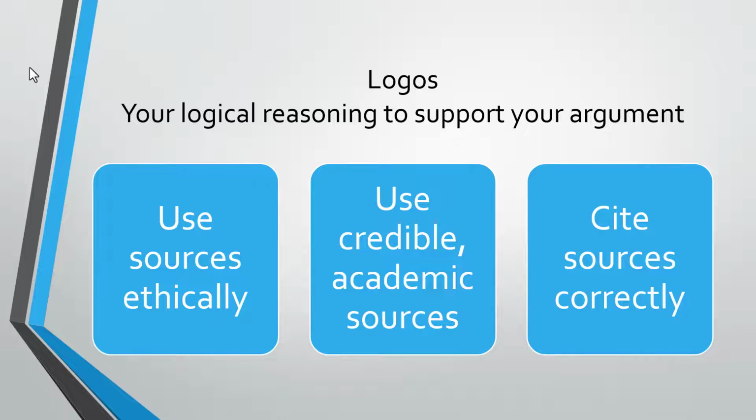If you took English 110 with me, I wasn't too concerned about how credible and academic the sources were that you used. Now, I will pay very close attention. Are you using credible sources? How do we know that they're credible? Are they academic sources? What kind of a source did you use?